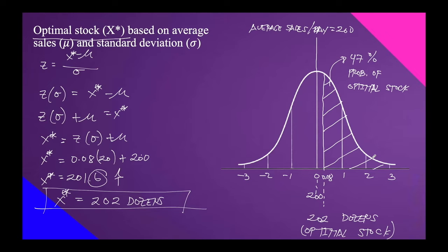Kasi nga, di ba, we have the idea in the PIE subject ninyo na inventory is a sleeping money, so ayaw natin na natutulog. Yung sakto lang, natatagal siya dyan. Hindi sobrang tagal, hindi rin naman sobrang bilis na may demand pa, no? May mga customers pa, wala ka na maibigay. Hindi na optimum yun. So, ito po yung optimum level, itong 0.08.